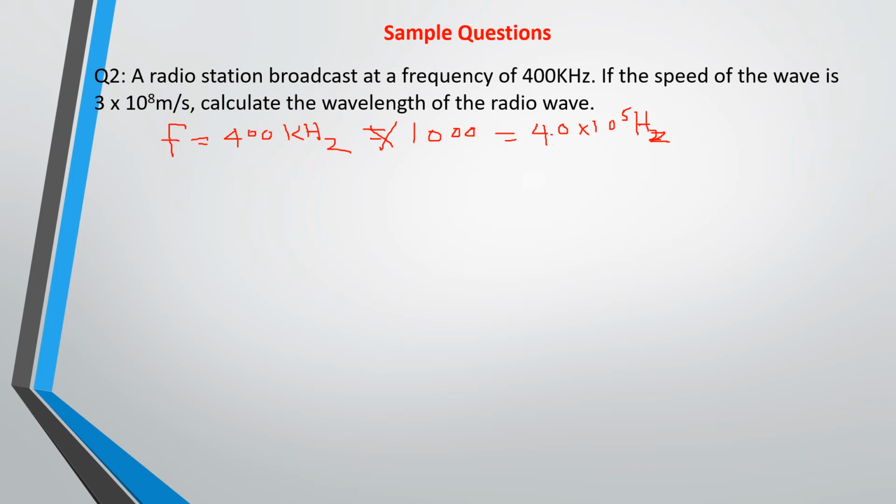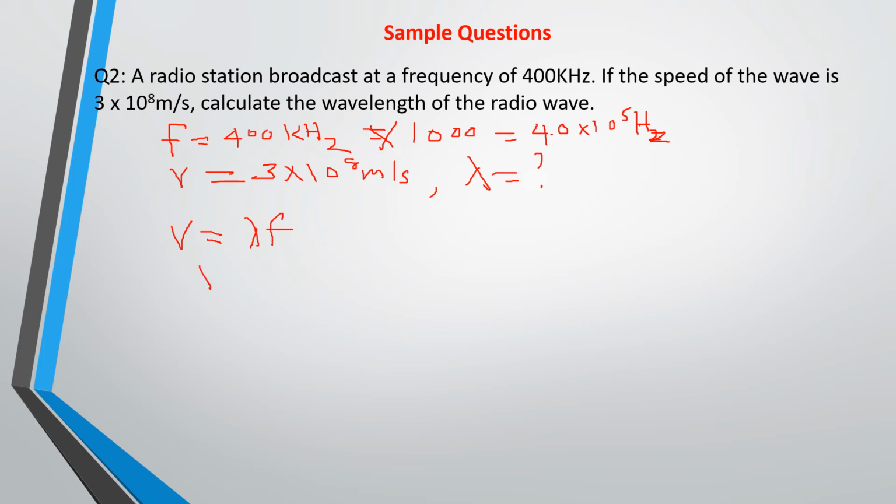Then after you've done that, you are given the speed of the wave to be equal to 3 times 10 raised to power 8 meters per second. What are you asked to find? You are asked to find the wavelength lambda. From our wave equation, velocity is equal to lambda f.